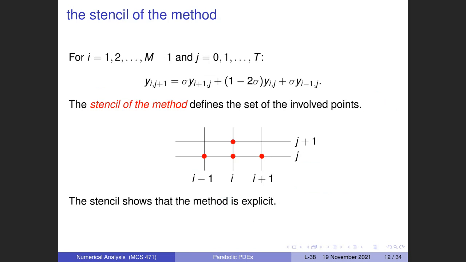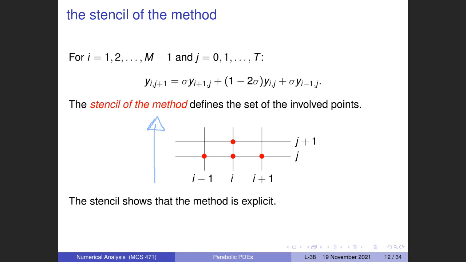So we can visualize the method by what is called a stencil. We do the time stepping in the vertical direction here. So we go from time 0 to the capital T, the end of our time interval.